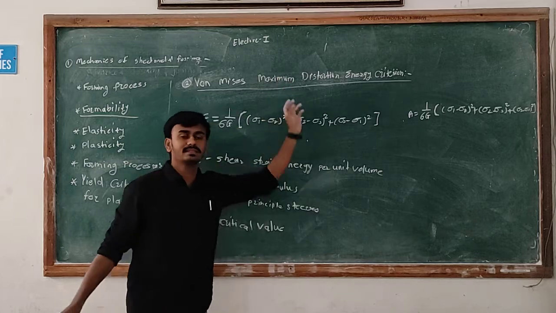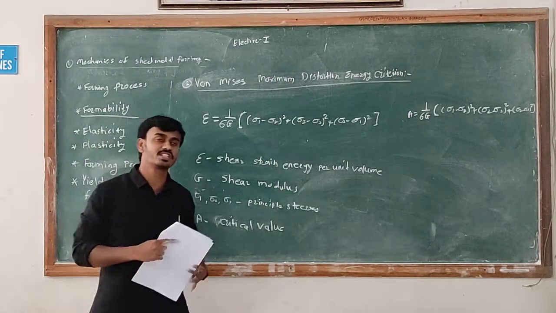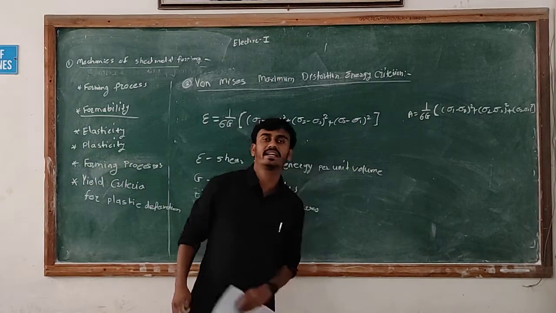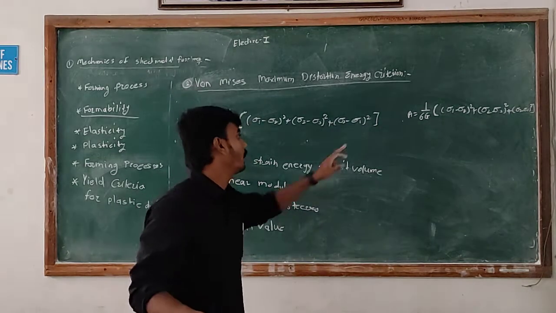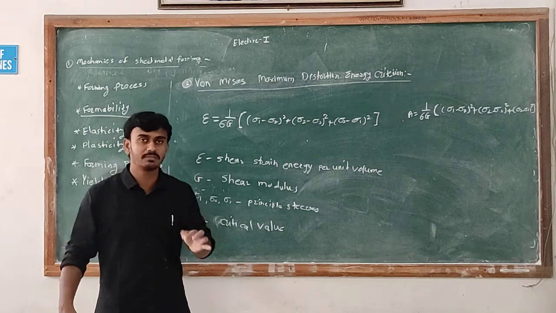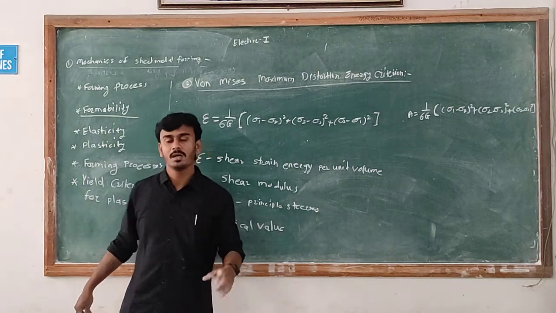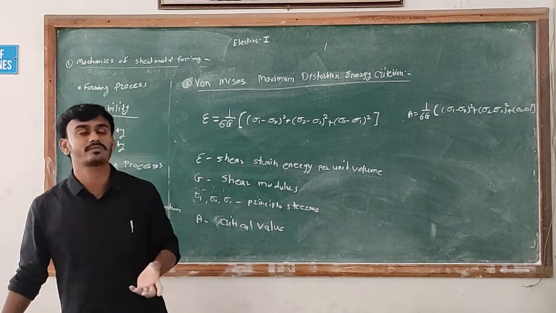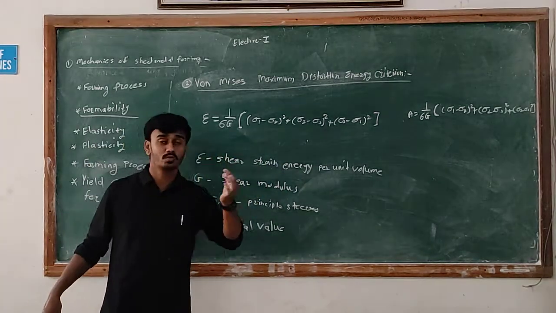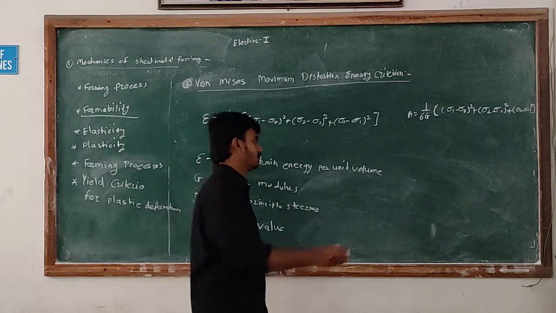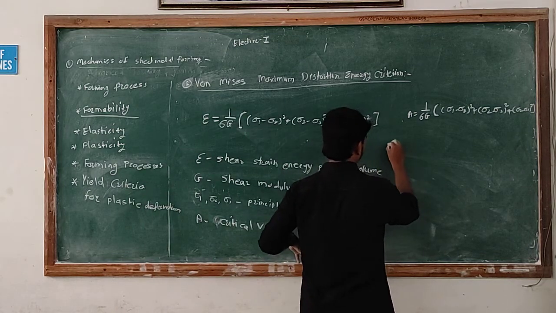According to this theory, A is a critical value, where sigma 1, sigma 2, sigma 3 are the principal stresses.